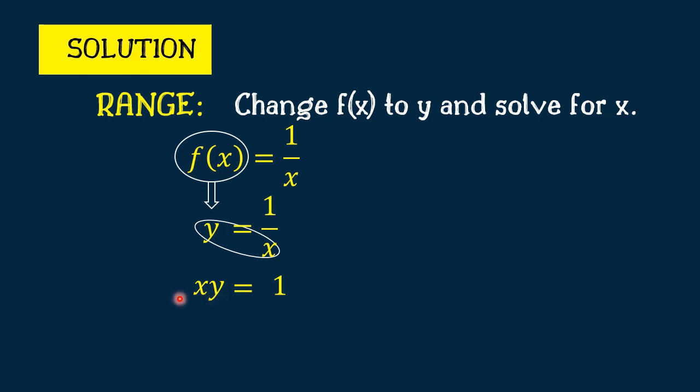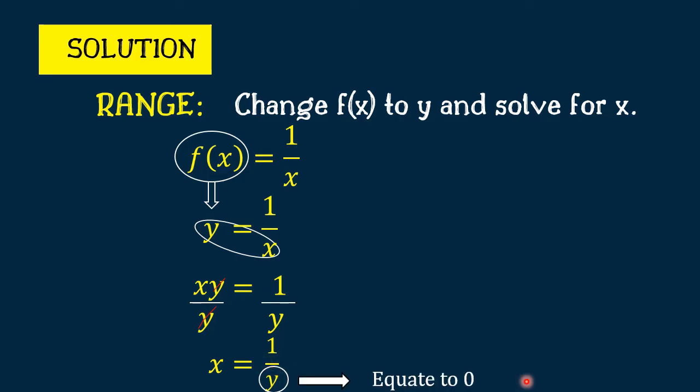Next, we have to solve for x. Therefore, we have to eliminate y. To do that, simply divide xy by y for us to eliminate y since they are common. Next, we also divide 1 by y. So the resulting equation here is we already have the value of x which is equal to 1 divided by y. Since we already have the value of x, we can identify the range. And to identify the range, we have to equate our denominator to 0 for us to identify the value of y that will make our function undefined.